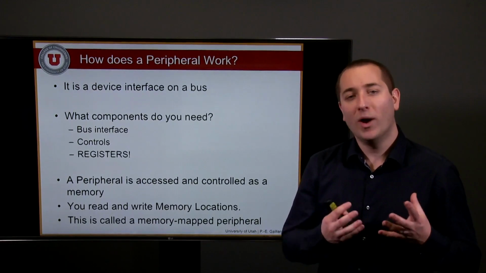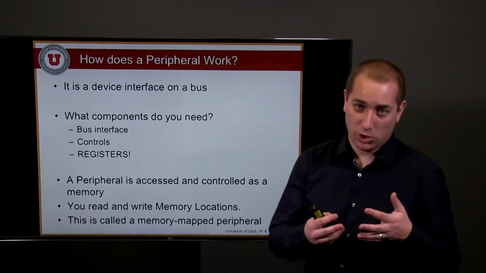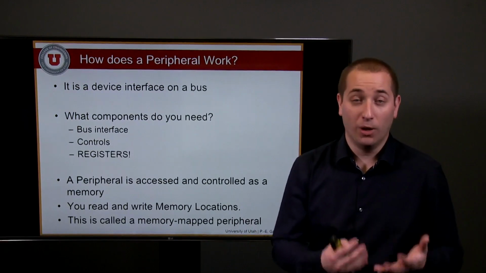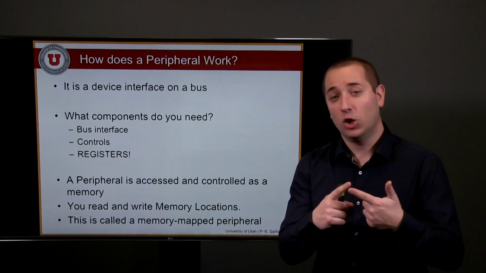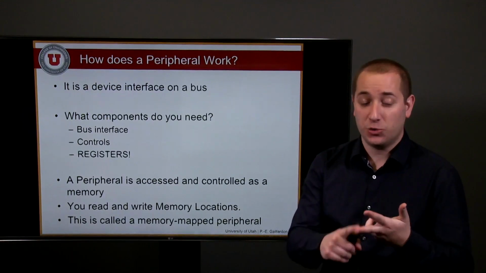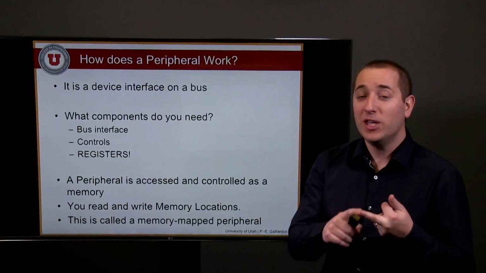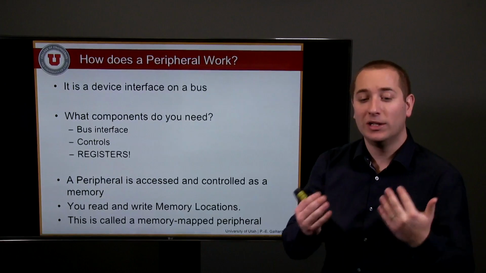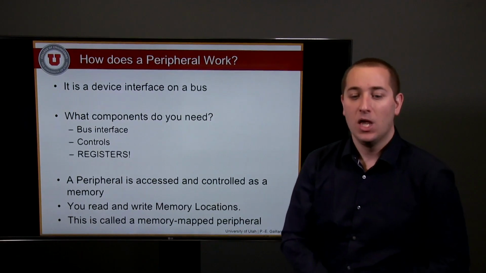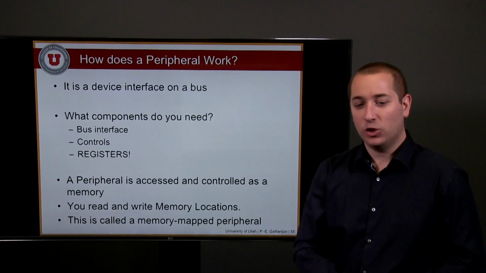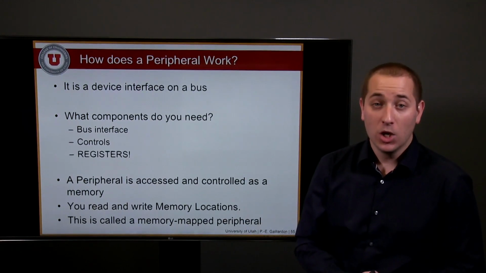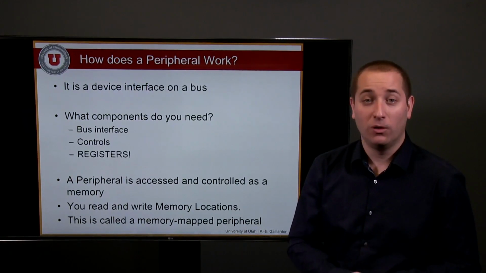So what components do you need to actually interface a peripheral with a bus? The first thing is that you need a bus interface, you need controls, and you need registers. Your registers are your local memory space you will keep reading and writing. That way, a peripheral is simply accessed and controlled as a memory, which makes the programming of this peripheral very easy.